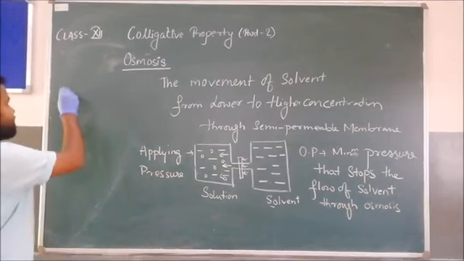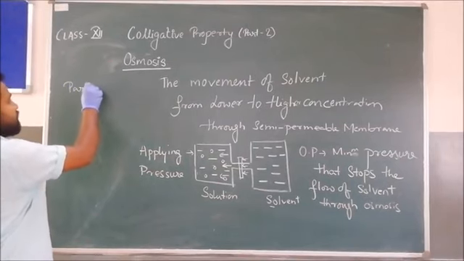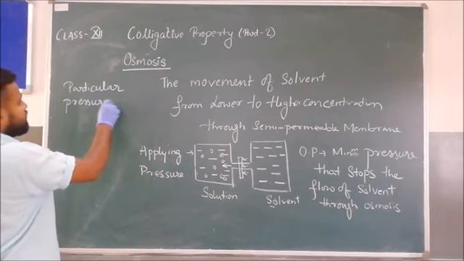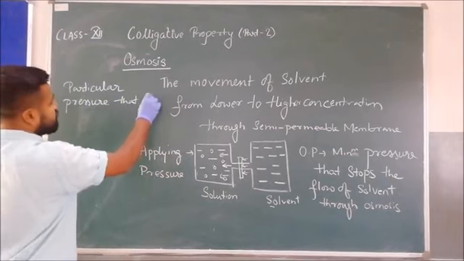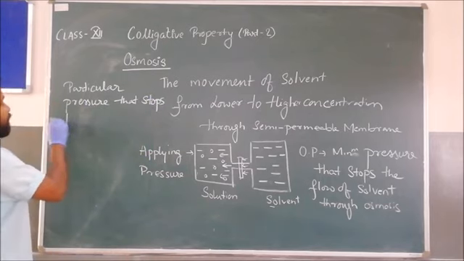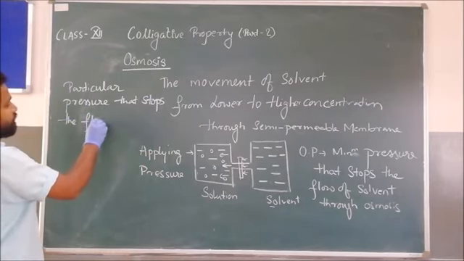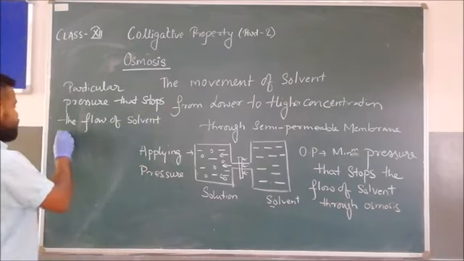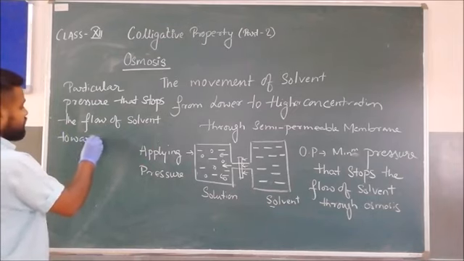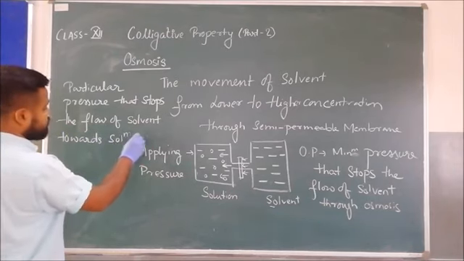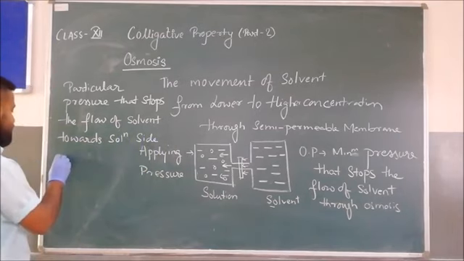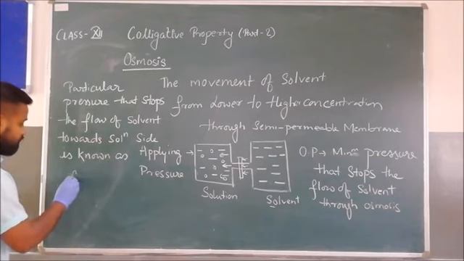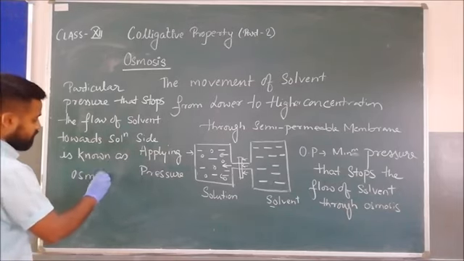So we can write: the particular pressure that stops the flow of solvent towards the solution side is known as osmotic pressure.